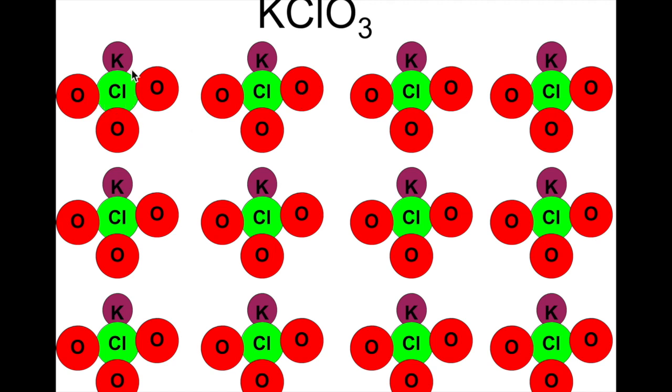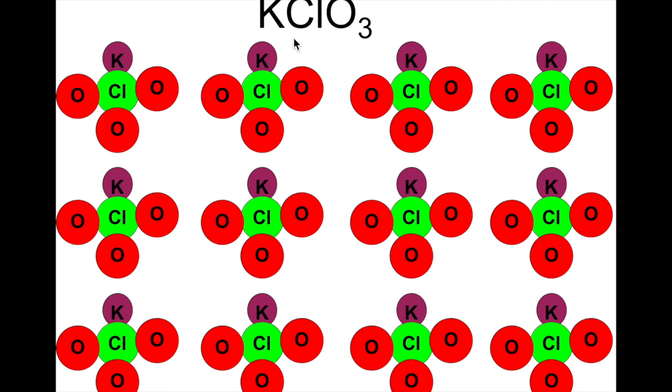And since each potassium chlorate has 3 oxygens, and I have 1 dozen of those, if you count all of these oxygens out, I have a total of 36 oxygens, which is the same as 3 dozen. So I'm going to have 1 dozen potassiums, 1 dozen chlorines, and a total of 3 dozen oxygens, because I have 36 oxygens, that's 3 dozen.